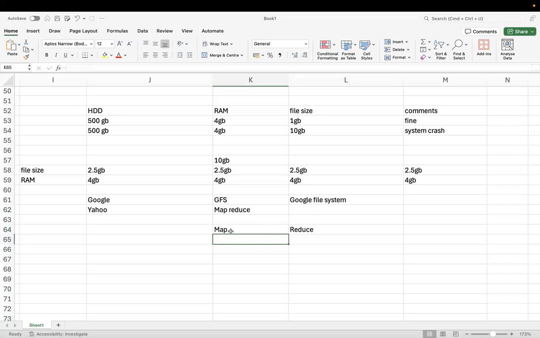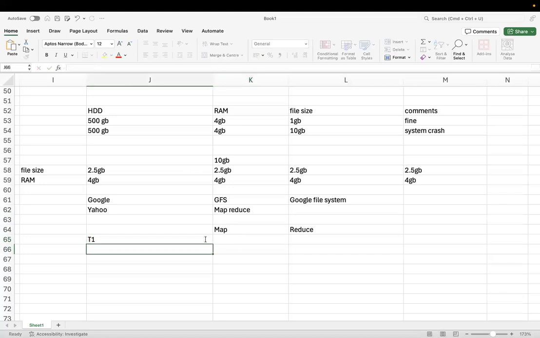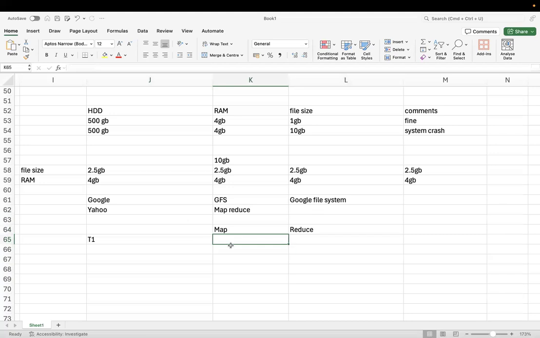Map is whatever cleaning or transformation you want to apply. Let's say we have transformation 1; you apply this transformation 1 on all of these 2.5 GB files individually.